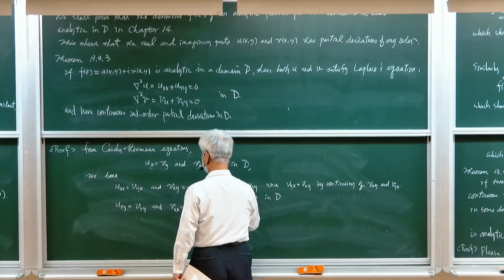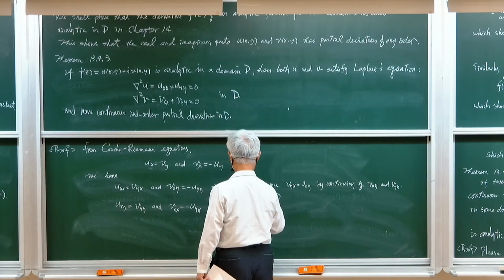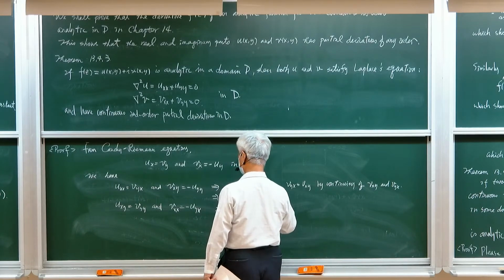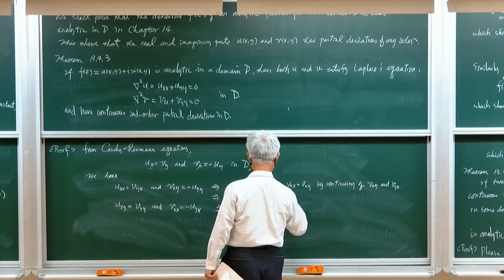This implies that v_yy equals u_xy, and this is u_yx, and this is minus v_xx.